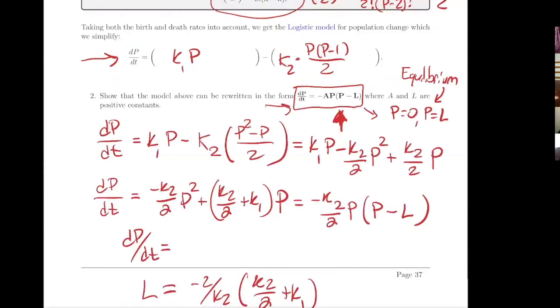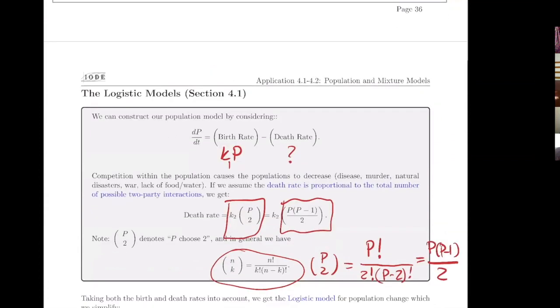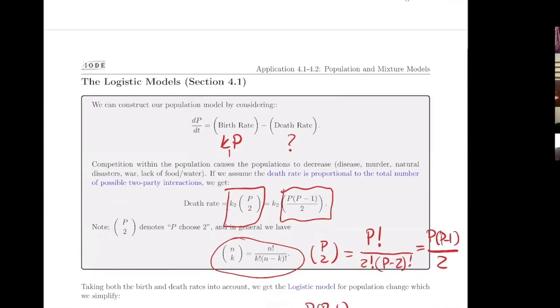So the main point here is that when you have the Malthusian model, it looks like dp/dt is equal to k times p. And when we're doing the logistic model, here's the motivation about where this model comes from, but in the end, this is going to look like this form over here. And the difference between these two models is that one of them does not take into account any rate of decrease.